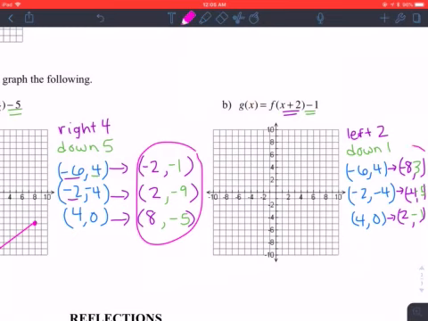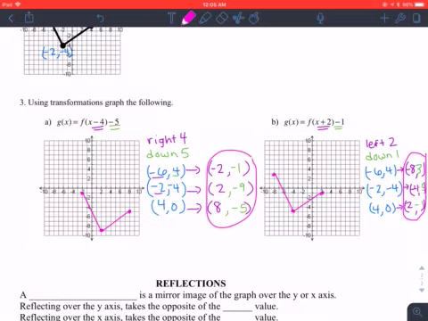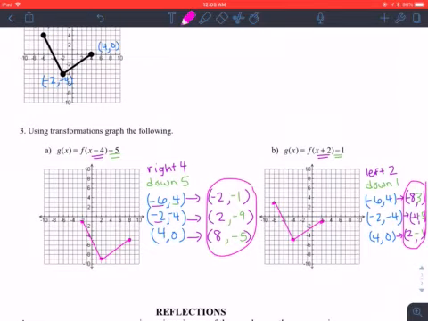Okay, so we'll graph our new transformation points. So -8, 3, -4, -5, and 2, -1. And again, we notice we have a congruent shape to our original shape. We've just shifted it left 2 and down 1.